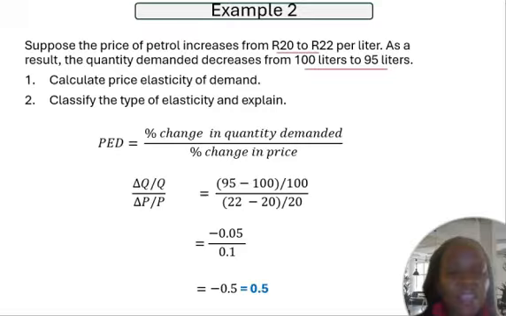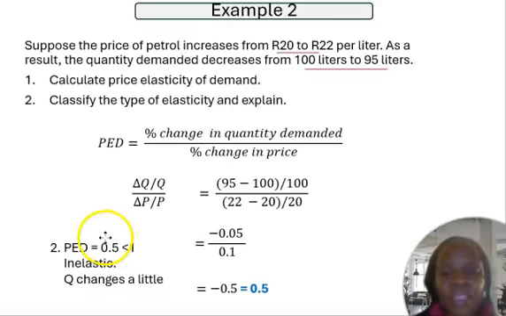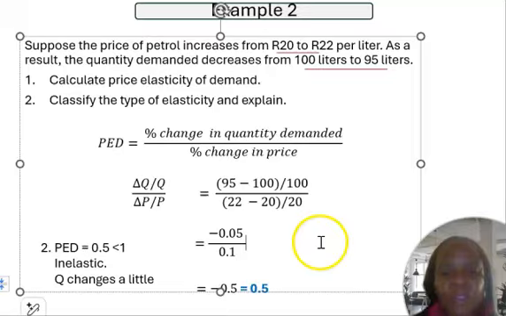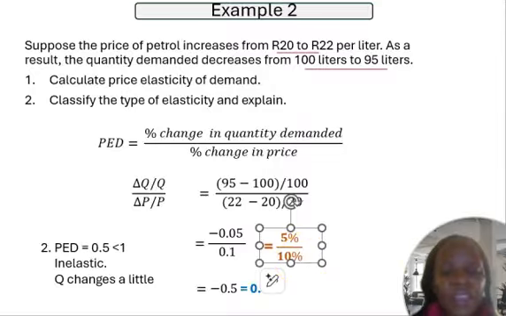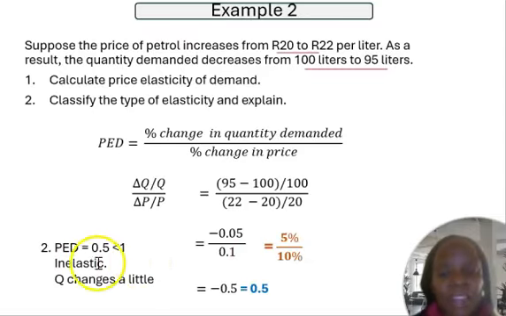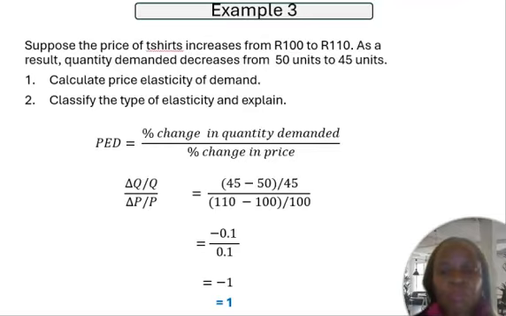As we can see here, this is our second example showing that PED is inelastic. But also, if we convert this into a percentage, we can see that a percentage change in price of 10% leads to only a 5% change in quantity demanded, and therefore it is inelastic. Let us go to our last example.